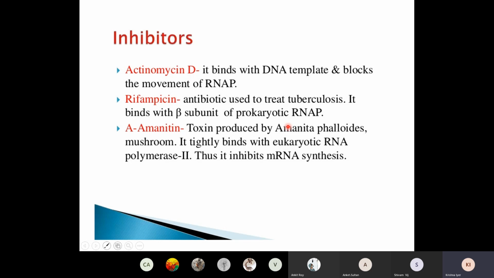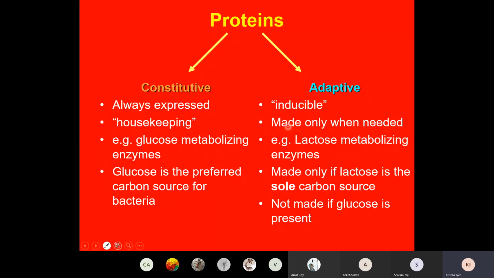One are called constitutive genes, which get transcribed all the time at a background level, and because of that they also produce the proteins all the time at a background level. Now these genes and the proteins that are produced by these genes are required in general for keeping your cell functioning, and they are referred to as housekeeping genes and housekeeping proteins.